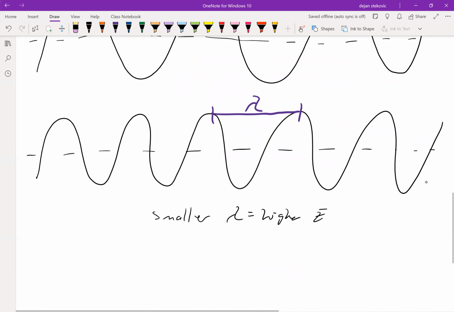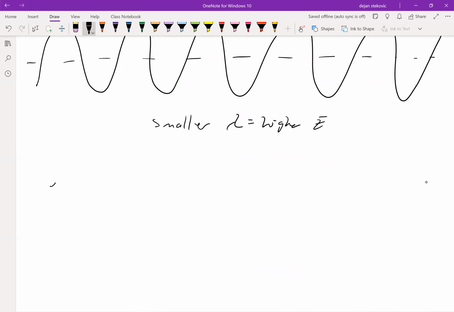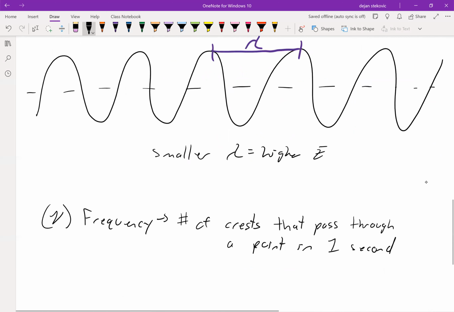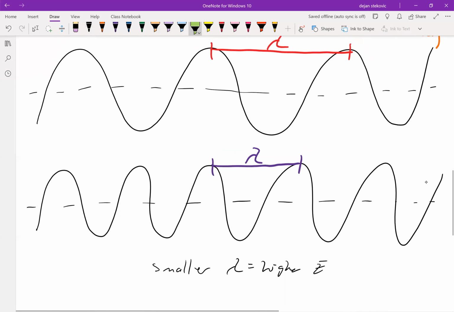So one way to think about it is the wavelength. Another one is frequency, which gets the Greek symbol nu. Frequency is defined as the number of crests, the tops of the waves, that pass through a point in 1 second. Basically, if these waves are moving, how many peaks are you going to hit per second?